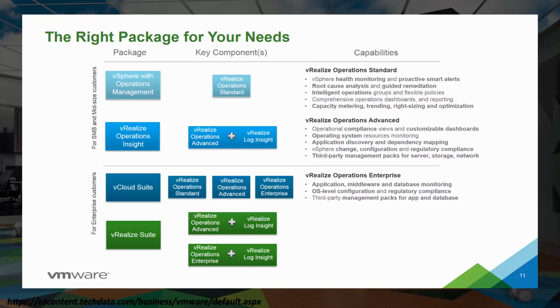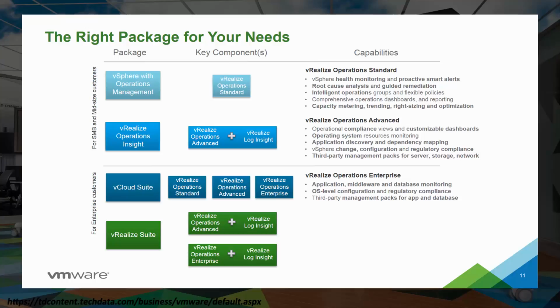So if you have any customers that are really looking to get that insight into their storage, their networking, and everything, they're going to want to go with at least the Advanced edition. And then Enterprise goes a step further and provides deeper than just a look into the operating system, but all the way down to the application, middleware, and database monitoring, as well as OS level configuration and compliance, and finally management packs for apps and databases.